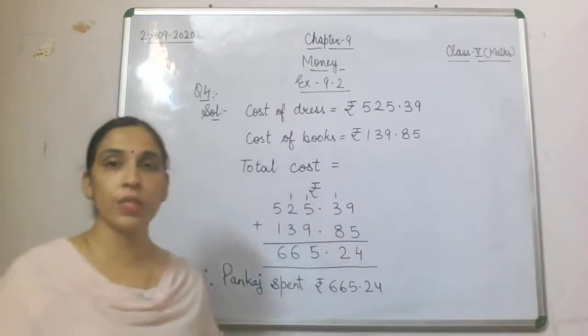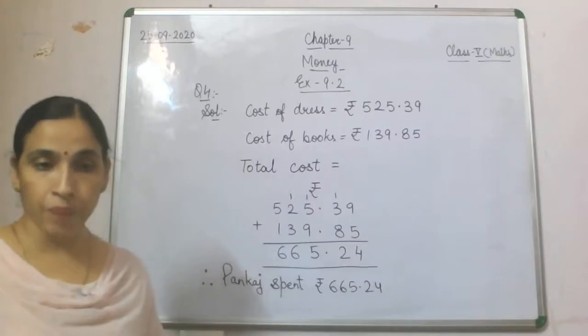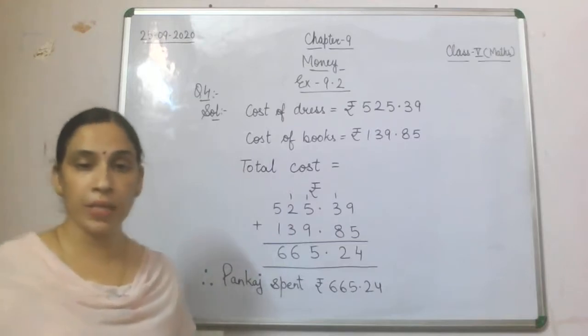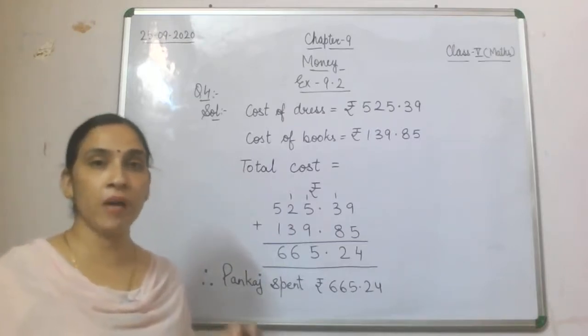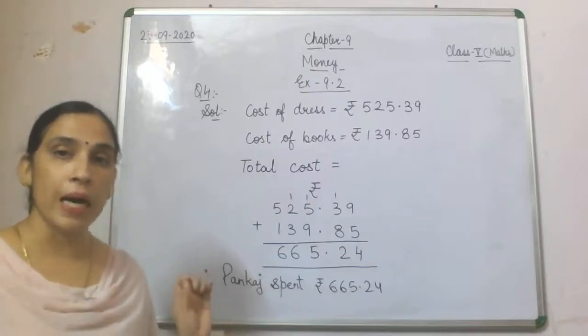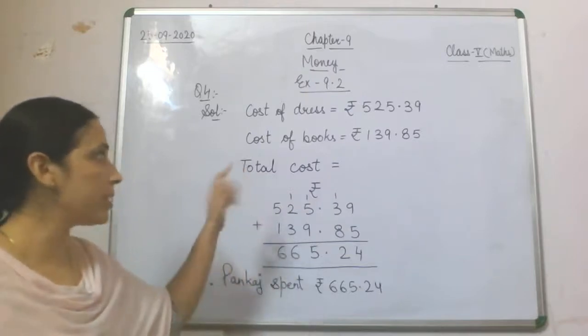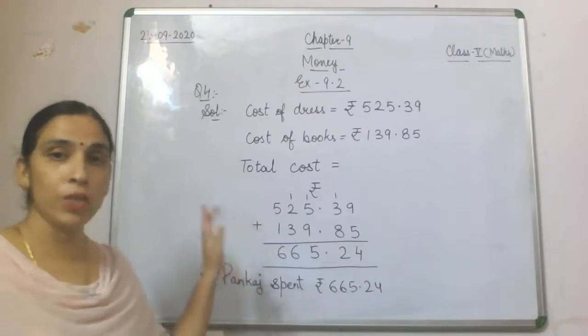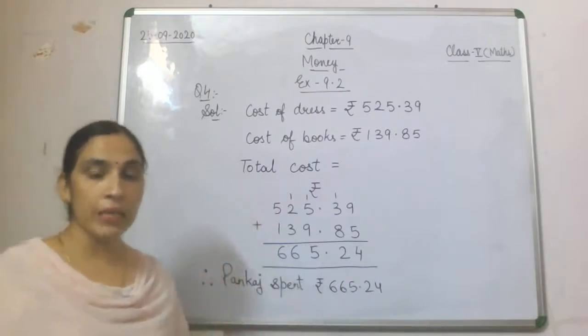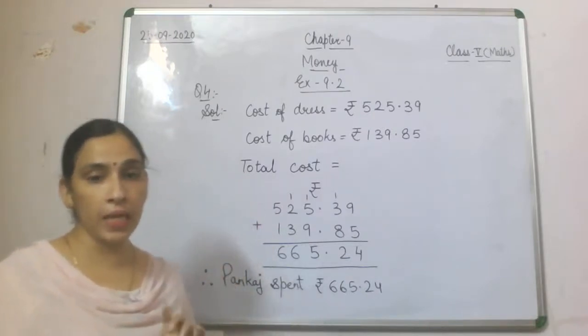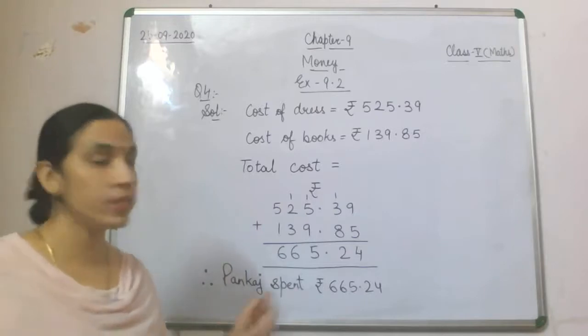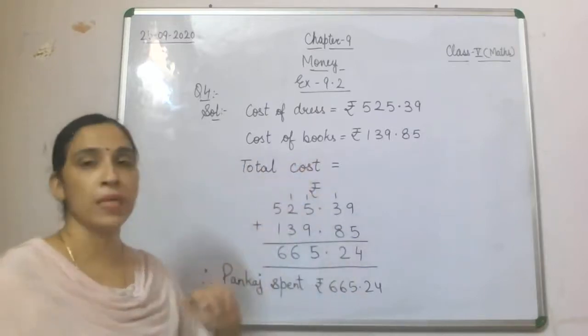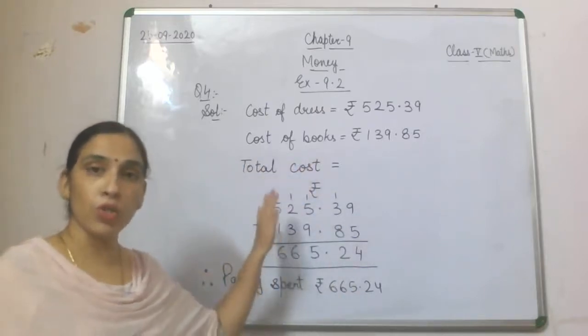This was your question only. What is the question? I'll read out the question once again. Pankaj spent rupees 525 and 39 paisa on dress. So that we have written as cost of dress. Then rupees 139 and 85 paisa on books. That we have written as cost of books. Now we find out the total cost of these two things.